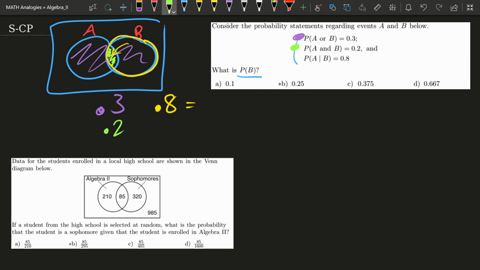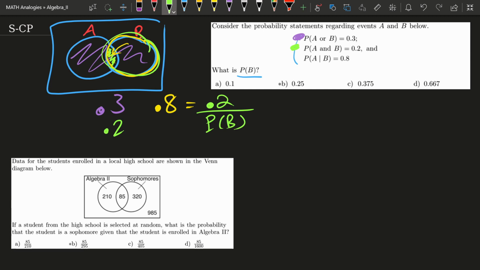So 0.8 equals 0.2 out of however much B was. Aha.